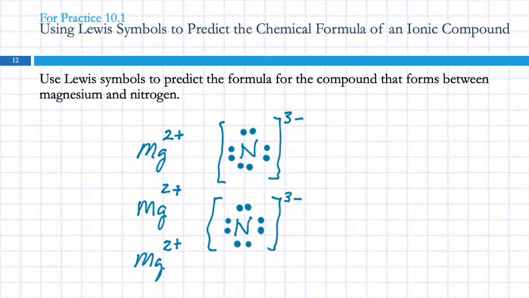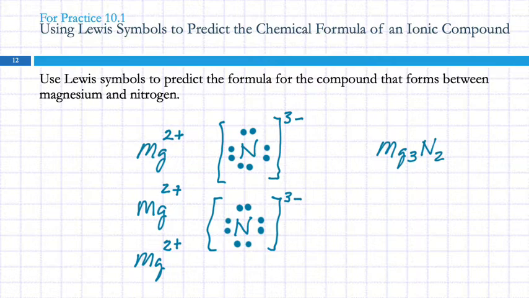So what's the formula then? We need 3 magnesiums for every 2 nitrogens in order for them to be able to pass these electrons off and make everybody happy. So it's Mg3N2.